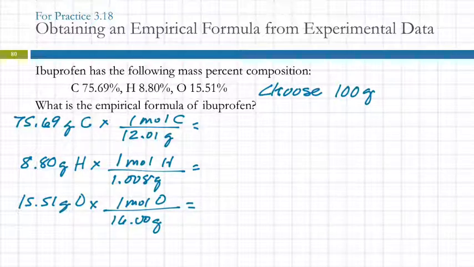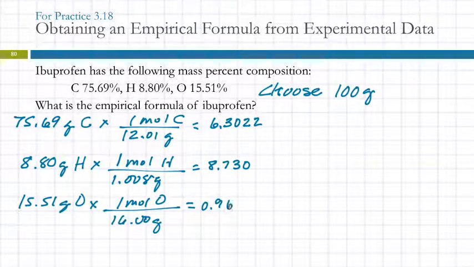So I've got 75.69 divided by 12.01, and that's giving me 6.302, and 8.80 divided by 1.008 is 8.730, and 15.51 divided by 16 is 0.969375.